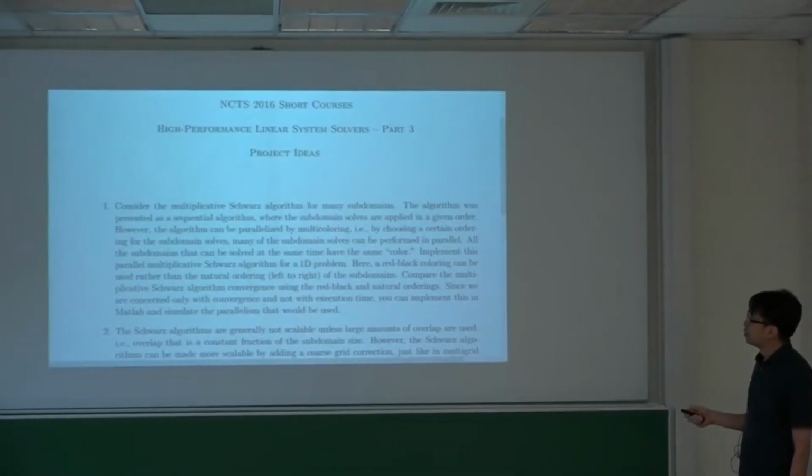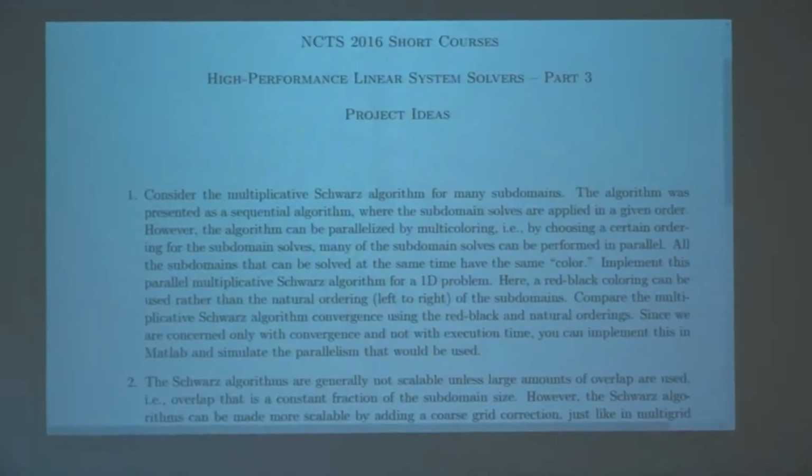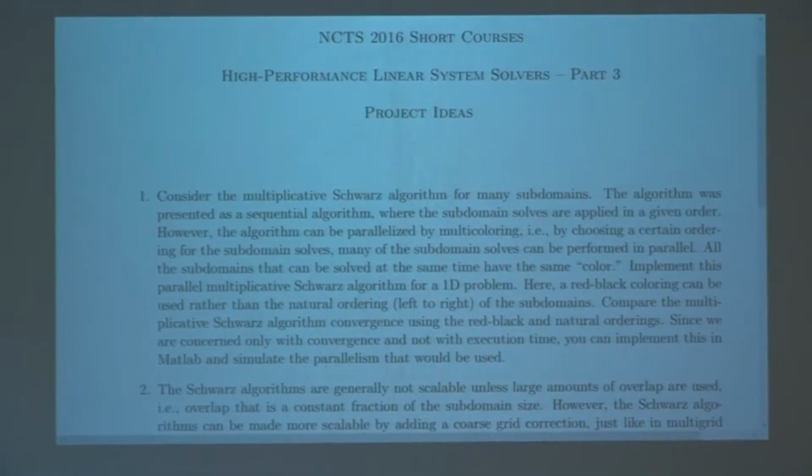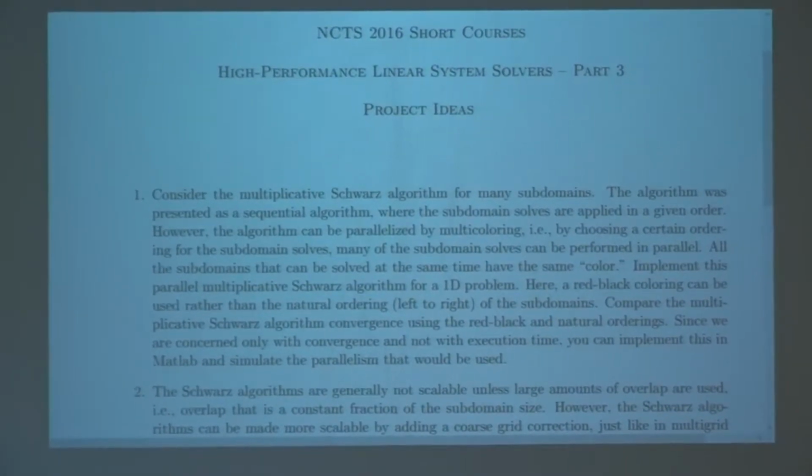And multiplicative Schwarz was presented as a sequential method, applying the subdomain solve in one subdomain after another. But you can also parallelize the multiplicative Schwarz algorithm if you allow yourself to change the order in which you apply the subdomain solvers. So you can use multicoloring, for instance, to change the ordering.